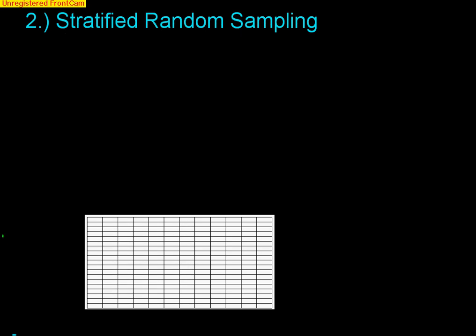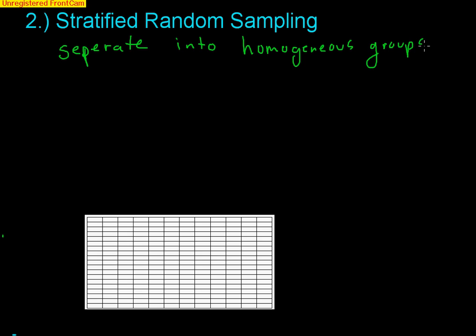In a stratified random sample, we separate into groups, and we separate into what we call homogeneous groups. That means we separate them into groups that have something in common.